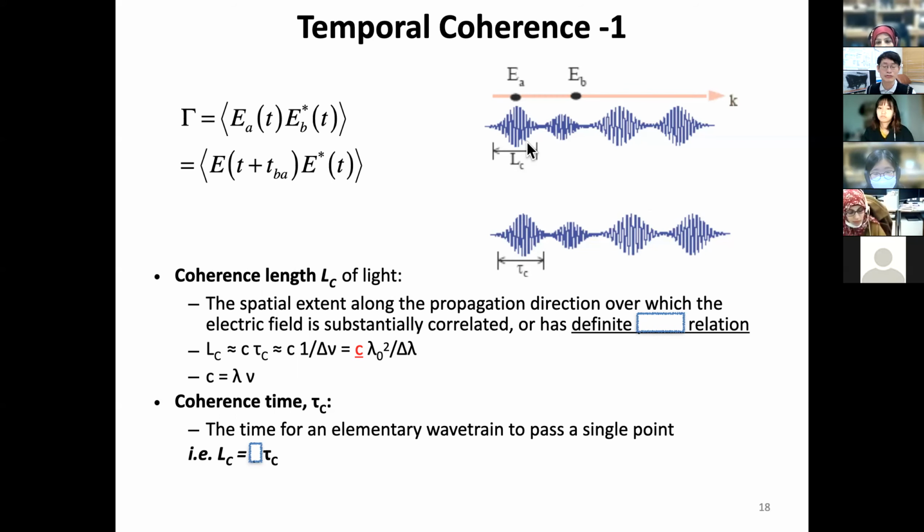So now you can define coherence length as the spatial extent along the propagation direction over which the electric field is substantially correlated or has a definite phase.